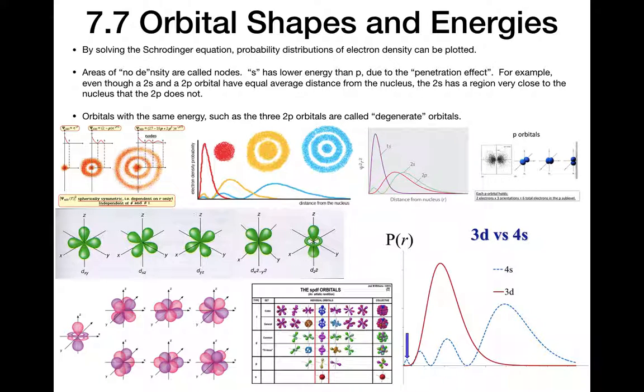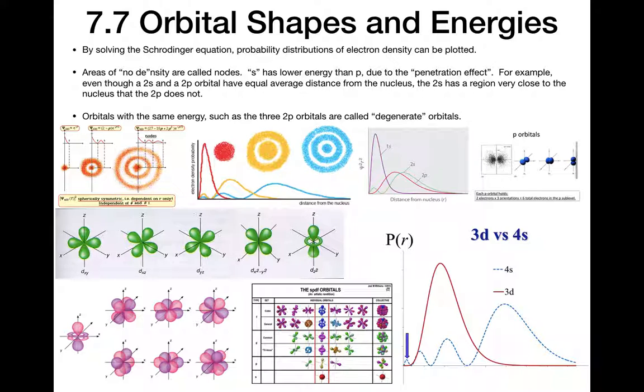We see in the bottom right the 3d orbital compared to the 4s orbital. The 3d orbital has most of its density closer than the peak of the 4s orbital. However, because the 4s orbital has 3 nodes and 4 peaks, the first peak of the 4s is closer to the nucleus than the 3d, and that's called the penetration effect.